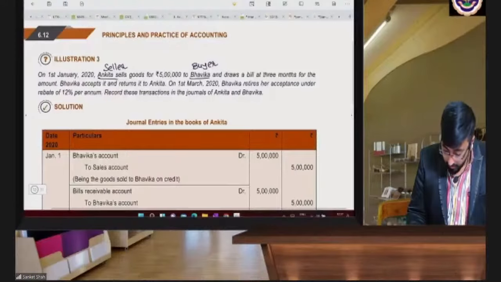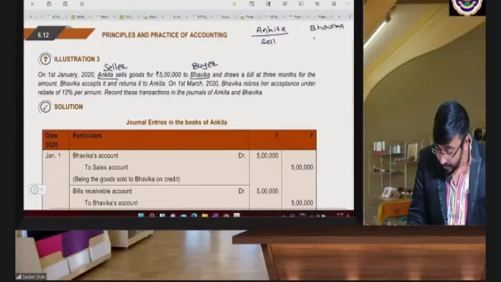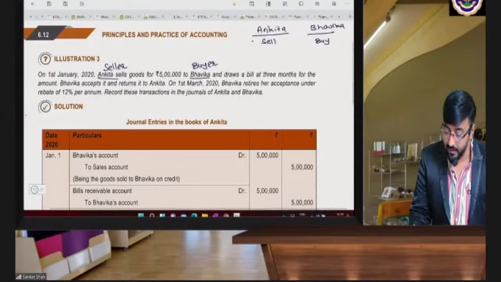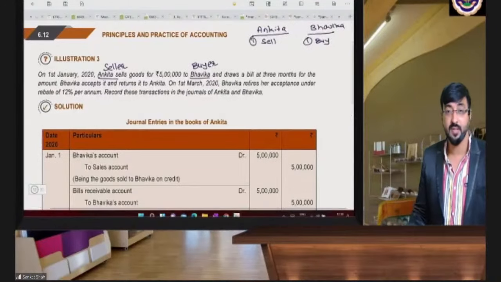So in the books of Ankita, first entry is of sale, and in the books of Bhavika, entry is of purchases. So Ankita passes entry Bhavika account debit to sales, and Bhavika will pass entry purchases account debit to Ankita.